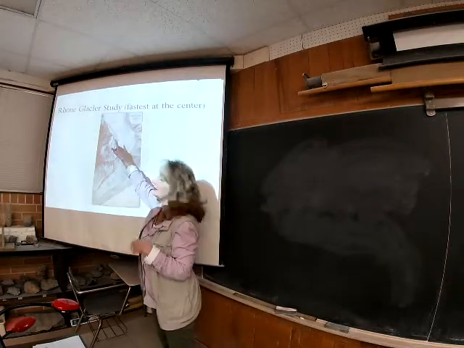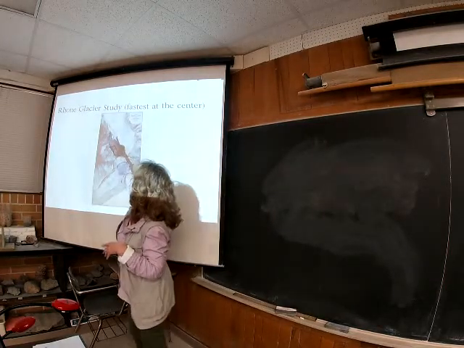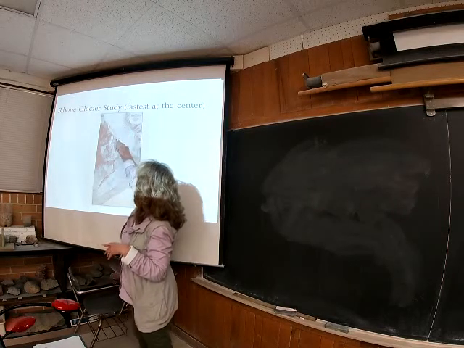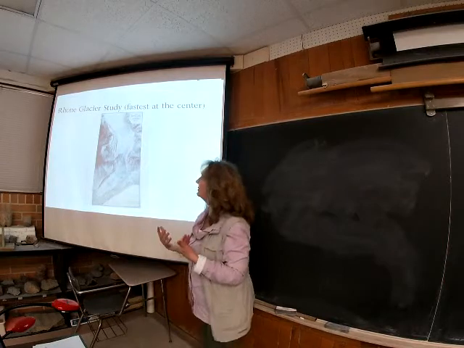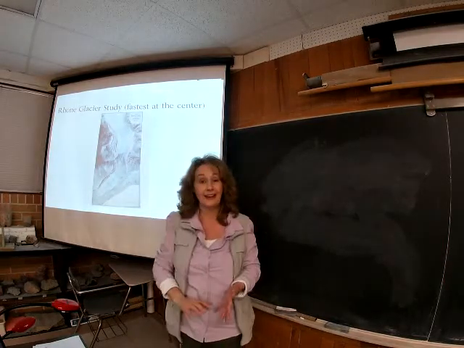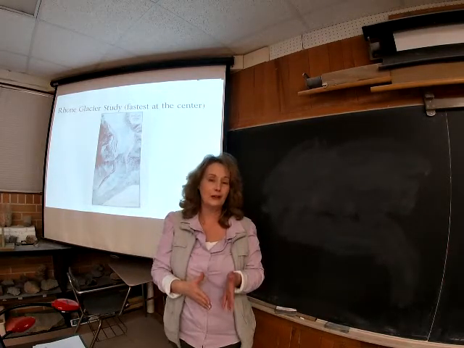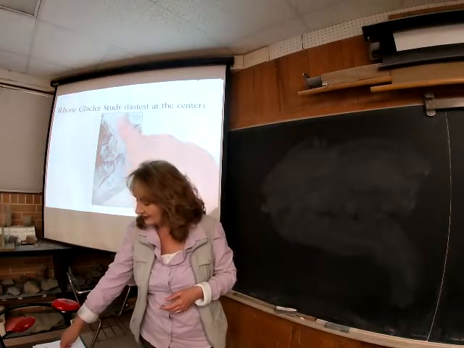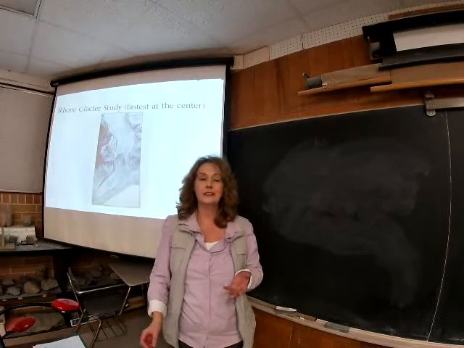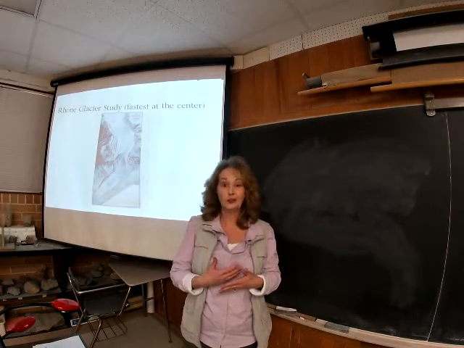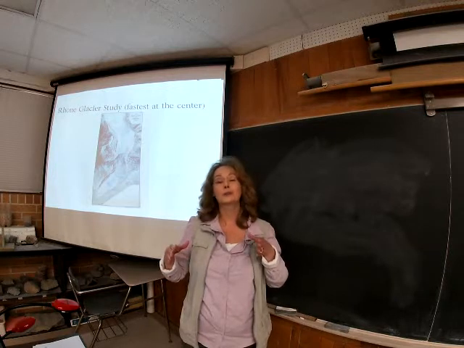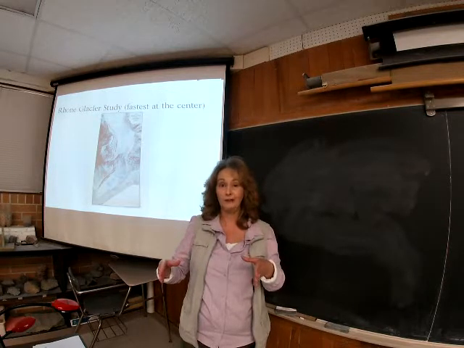And so you can see, maybe you can, maybe you cannot, but there's little lines here, and that's a curved line of each time that he came back to monitor it. And he was noticing that the movement or the flow of the glacier was fastest right down along the center. And this makes really good sense because similar to a stream, if you remember, the stream walls will slow down your stream flow.